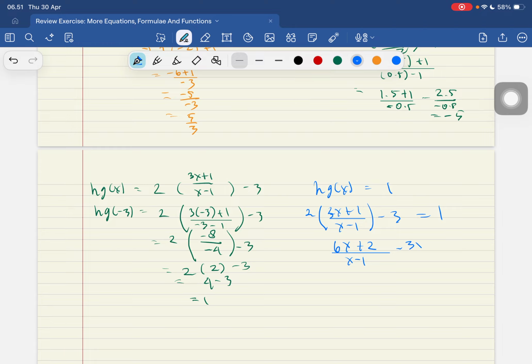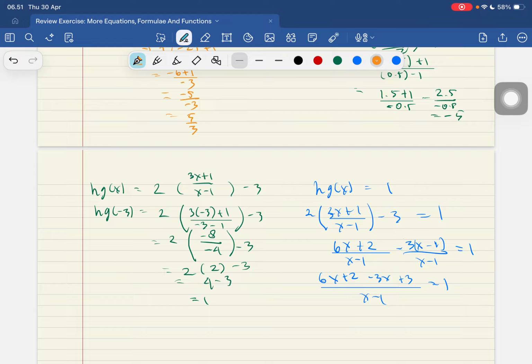So 3 times x minus 1, divided by x minus 1, equals 1. So this is 6x plus 2, minus 3 times x gonna be minus 3x, minus 3 times negative 1 is 3. We divide by x minus 1 equals 1.